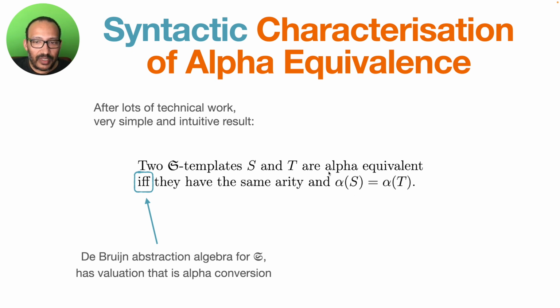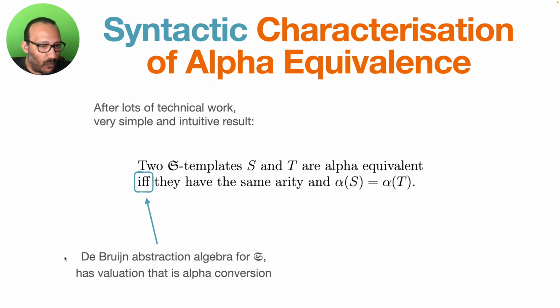And on the other hand, if we have two alpha equivalent terms, what we can do for the signature is we can construct a De Bruijn abstraction algebra for the signature. And this De Bruijn abstraction algebra, that's what I call it, it consists of De Bruijn terms. And so the construction is in the book.